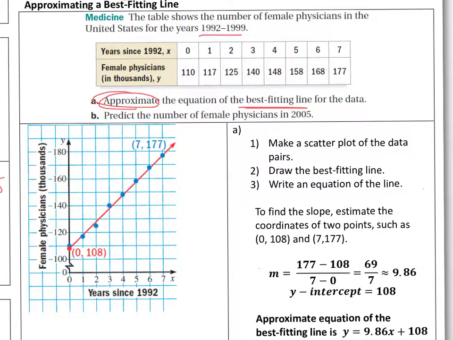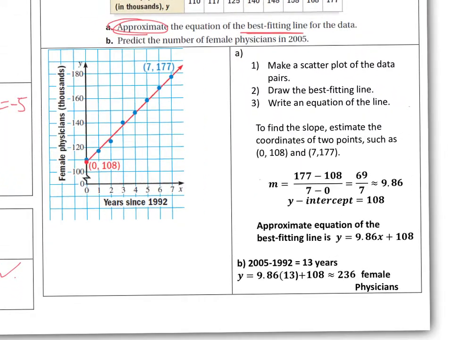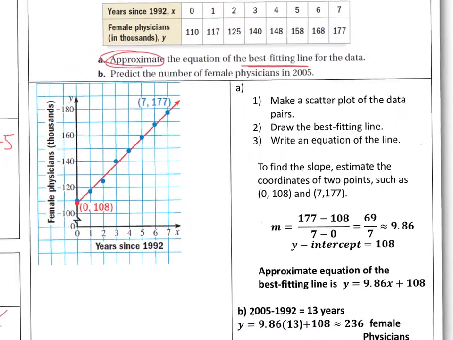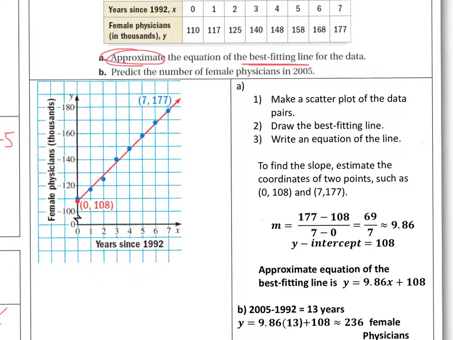So I need to first make a scatter plot of the data. So 0, 1, my x-axis will be the years, and my y-axis will be the female physicians. So 0, 1, 10 will be here. 1, 117, probably around this dot right here.